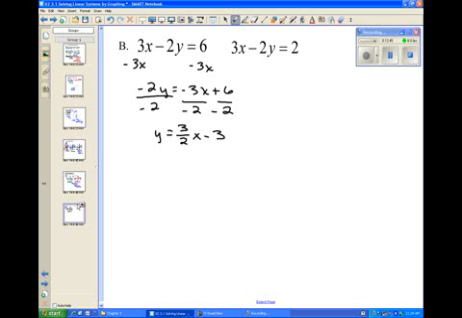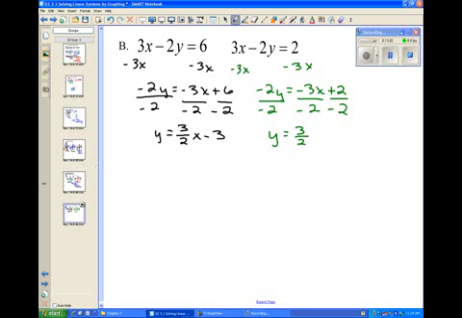Come to the right side. Subtract 3x. Negative 2y is equal to negative 3x plus 2. Divide every term by a negative 2. And I get y is equal to 3 halves x minus 1.